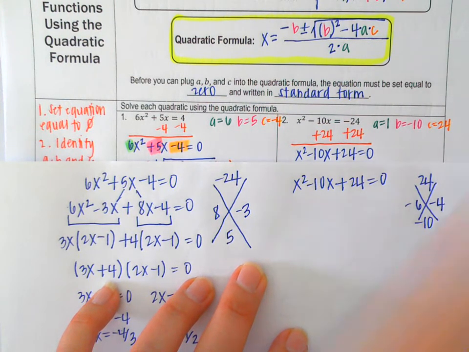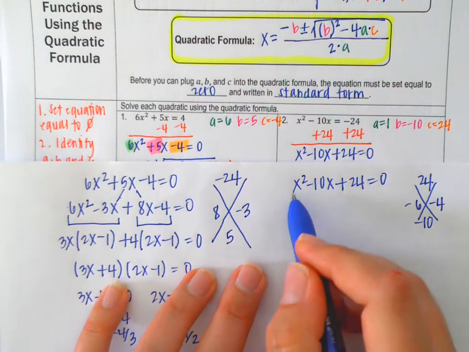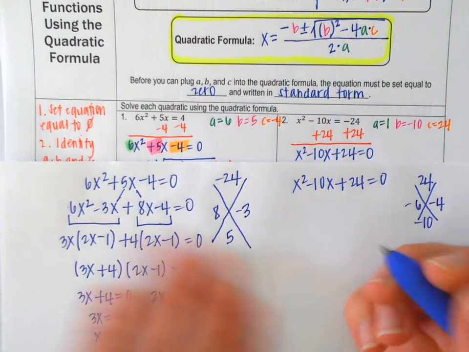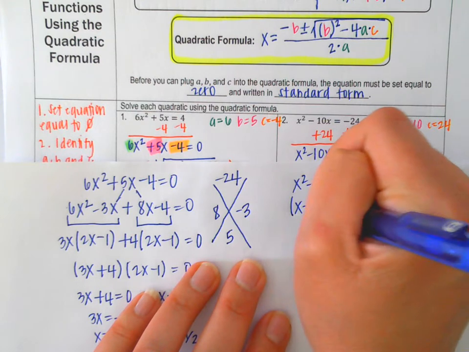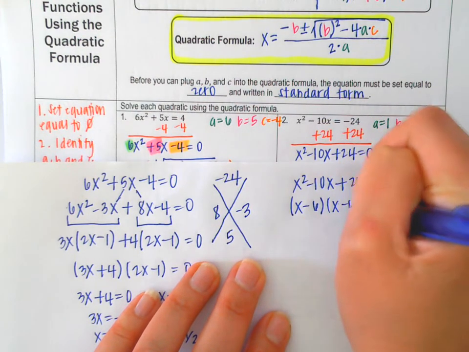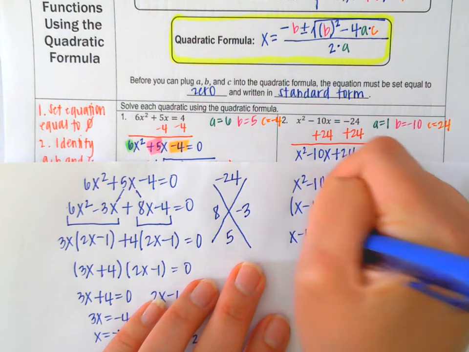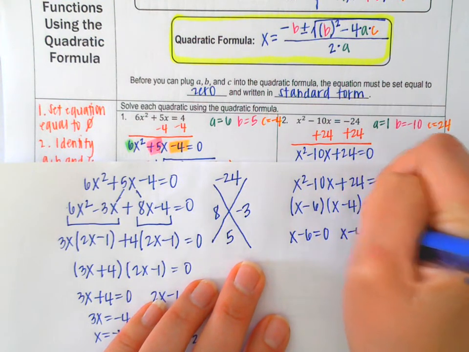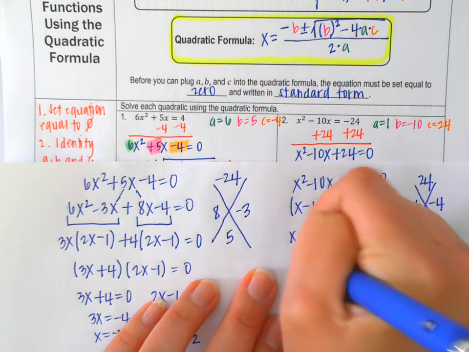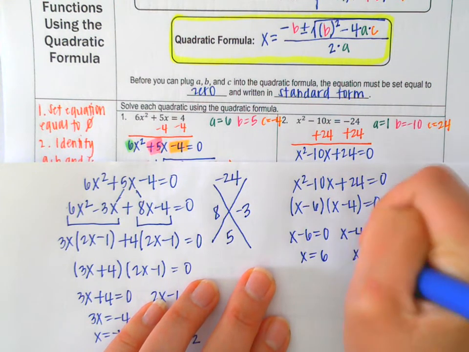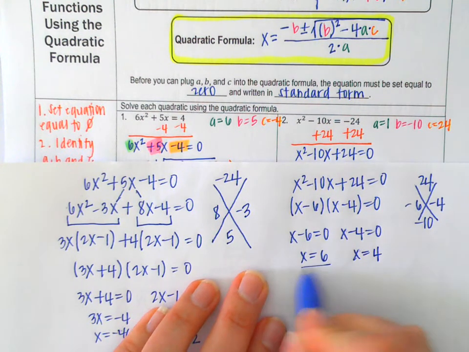It's negative 6 and negative 4. I can use the shortcut here. I don't have to split the middle term because a is equal to 1. And then now I can set each factor equal to 0. Add 6, and I get x is equal to 6. Add 4, and I get x is equal to 4.